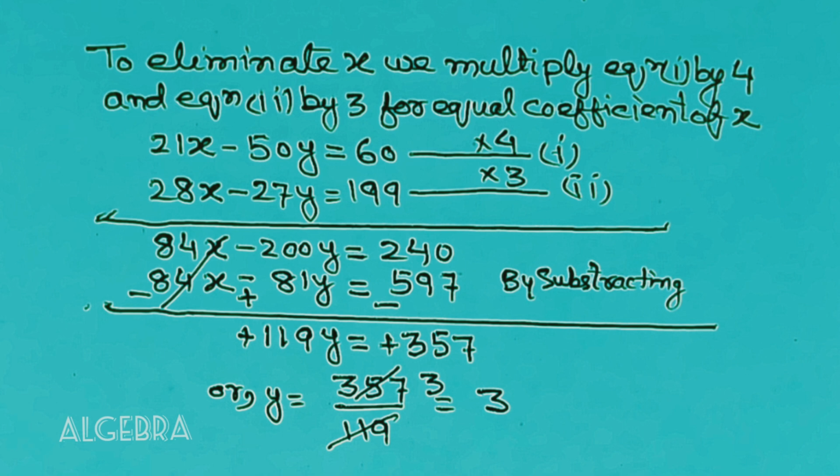So 21x - 50y = 60 multiplied by 4 and 28x - 27y = 199 multiplied by 3. So 84x - 200y = 240 and 84x - 81y = 597. By subtracting, 119y = 357, or y = 357/119 = 3.